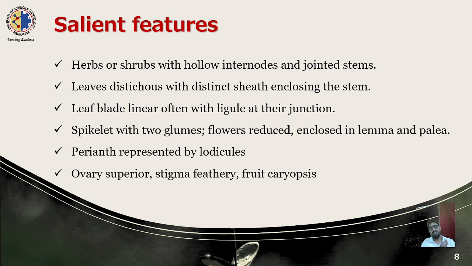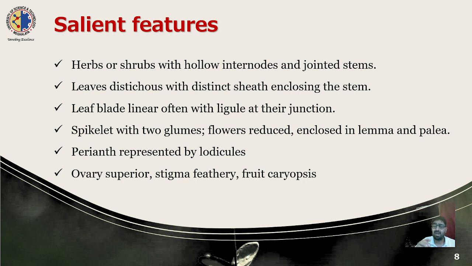The stem is hollow between the nodes, and the node area is joined and not hollow. The species are herbs, shrubs, rarely trees; some books say shrub or tree, that is the bamboo species.